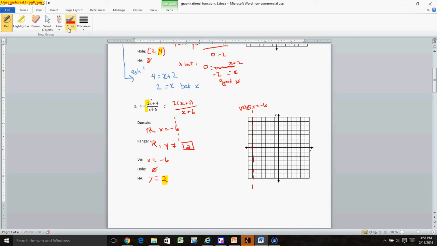So I go to the function and ask, excuse me, function, will you ever equal 2? Solving a rational equation means I multiply through by the least common multiple.